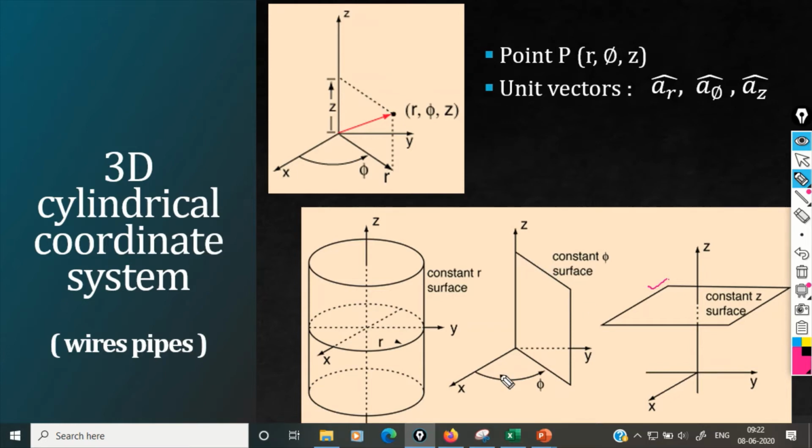With phi equal to constant, meaning I am measuring this angle, and if this is constant, I will get a surface at this location. The point P in cylindrical coordinate system is shown over here. It is represented with three coordinates r, phi and z.